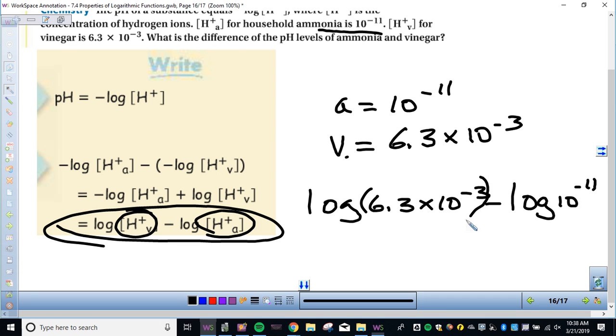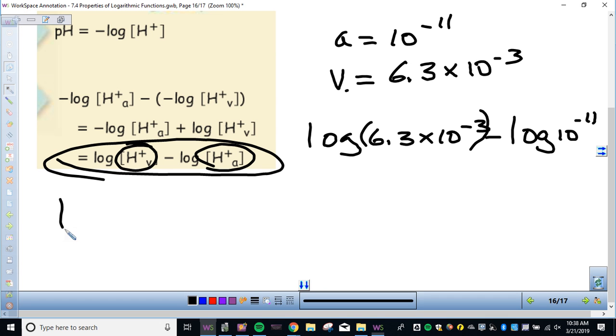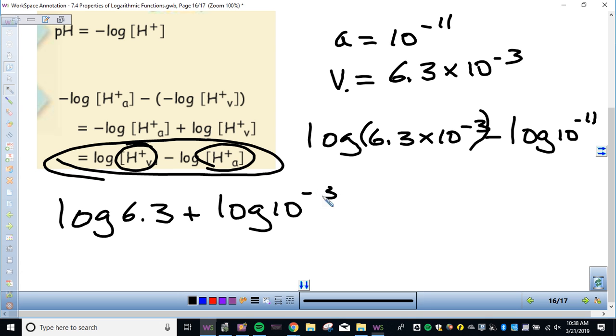So I'm going to give myself some more space over here. We have log 6.3. That you can just put in your calculator, right? Plus log 10 to the negative third minus log 10 to the negative 11. Just showing every possible step here to help you understand.